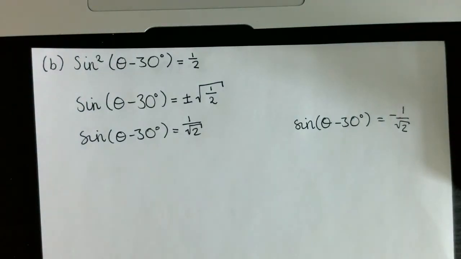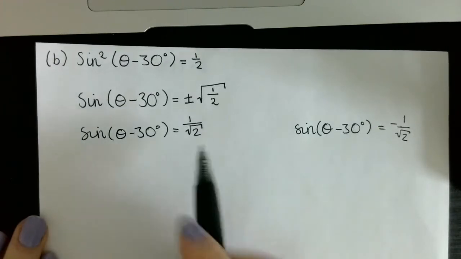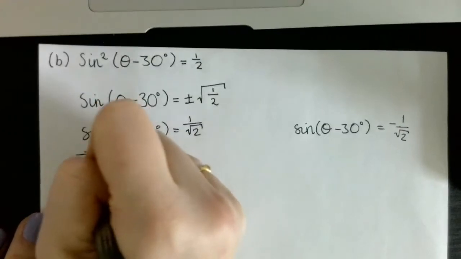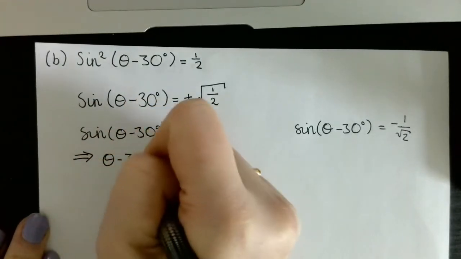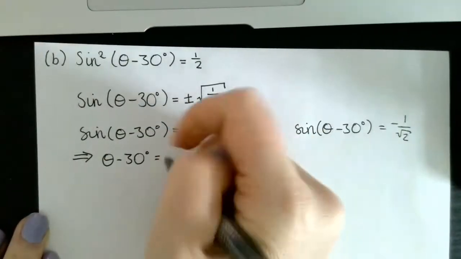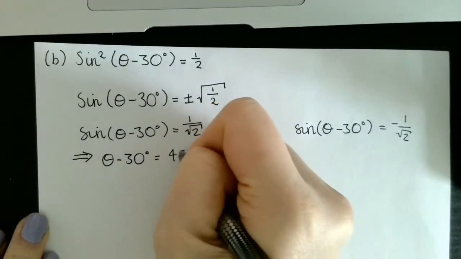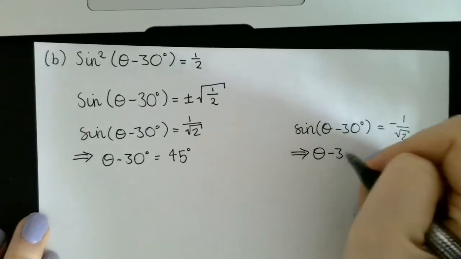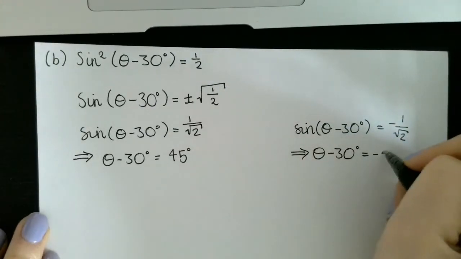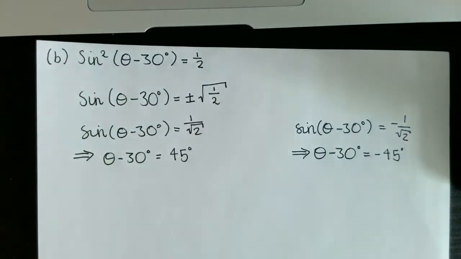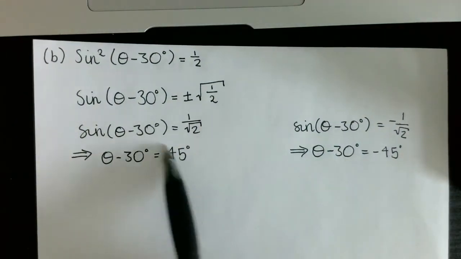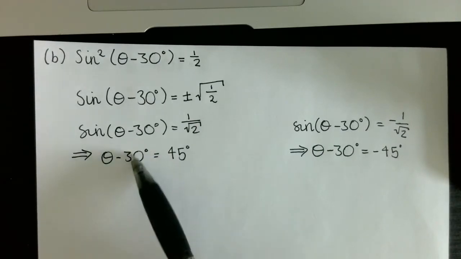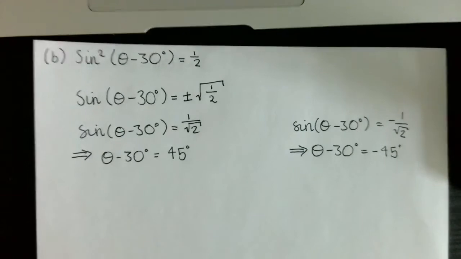So if we put in our calculators sine inverse of 1/√2, we get either theta minus 30 is equal to 45, or theta minus 30 is equal to minus 45. So we're going to have to find the other values of theta and then add 30 to all of those values.